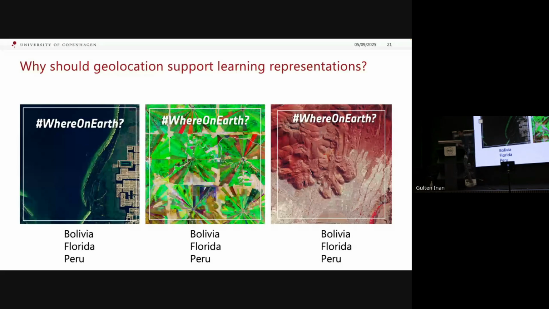Okay, that is maybe convincing, maybe not, but I think we are all used to looking at satellite images. And there's a little game. ESA plays it, or I'm not sure if they still play it on social media. They post these images and ask their followers or the community, where on Earth is that? So it's a GeoGuessr game, right? Maybe some of you know it. Let's just do it for the first one. Who thinks that this is in Bolivia? Hands up. Who thinks it's in Florida?